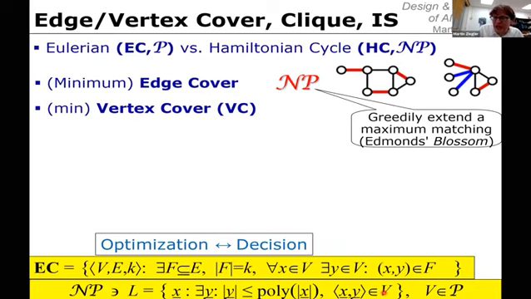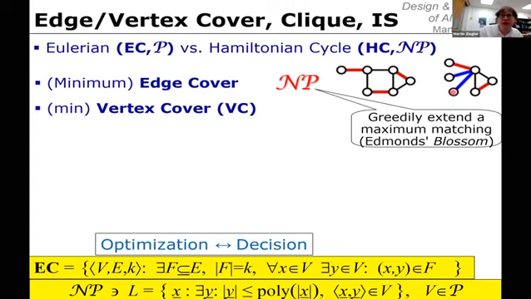So let's use that algorithm as a subroutine and then extend that maximum matching in order to cover every single vertex. Looking at these examples, here the Jack Edmonds algorithm might come up with a maximum matching, namely the 3 red edges, and then there's no need to further extend because the 3 red edges already form an edge cover.